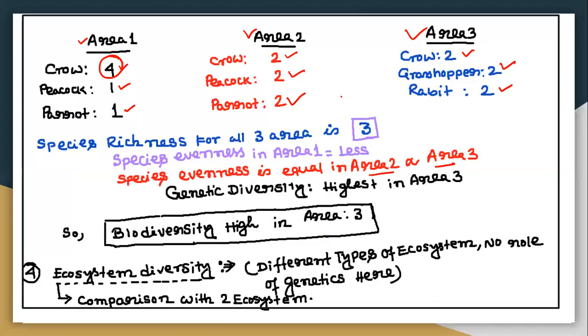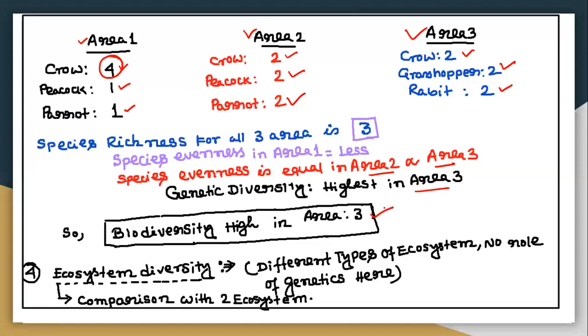In area 2, crow, peacock, and parrot all belong to the bird group. But in area 3, crow is a bird, grasshopper is an insect, an arthropod, and rabbit is a mammal. So there is a higher genetic or taxonomical diversity, and that is why area 3 has the highest biodiversity.